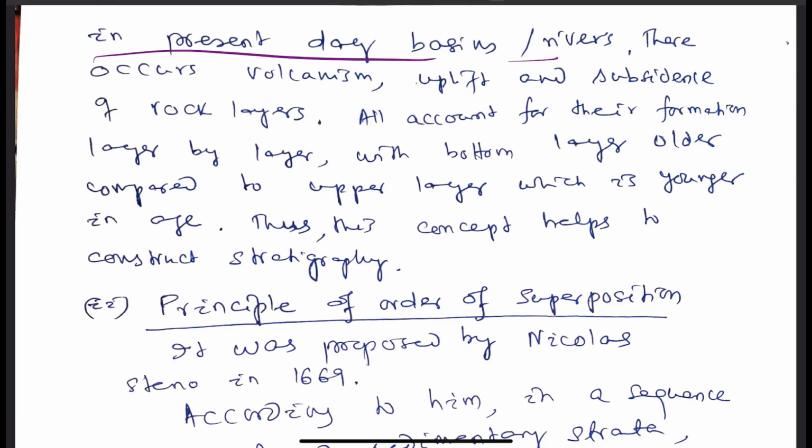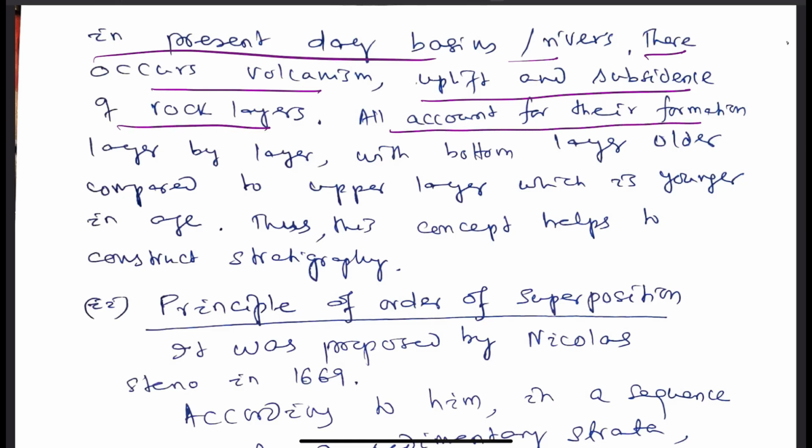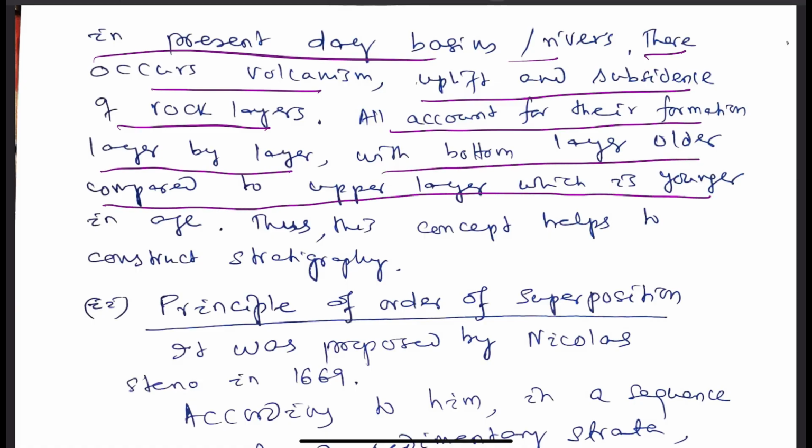These are the agents of denudation. And also we see volcanism, uplift and subsidence of rock layers. All these account for their formation layer by layer, with bottom layers older compared to the upper layers, which are younger in age.